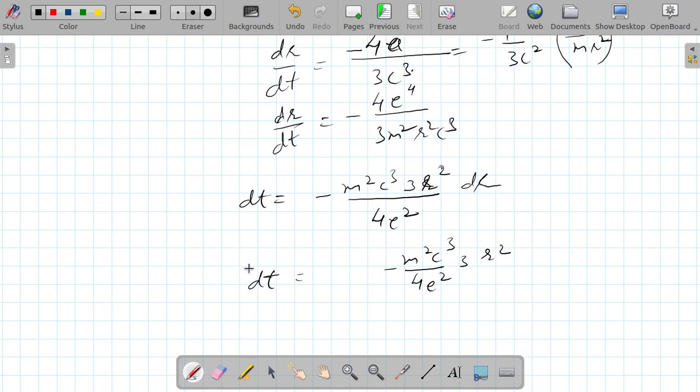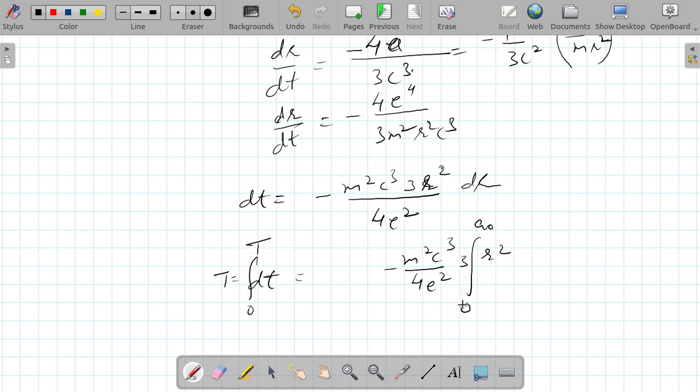If I want to calculate the total time, 0 to T, it means I have to take the integral of this, and it will take capital T time to fall into the first Bohr orbit.